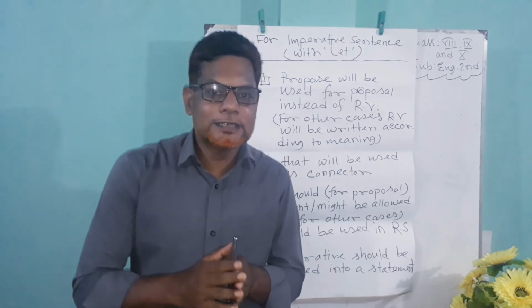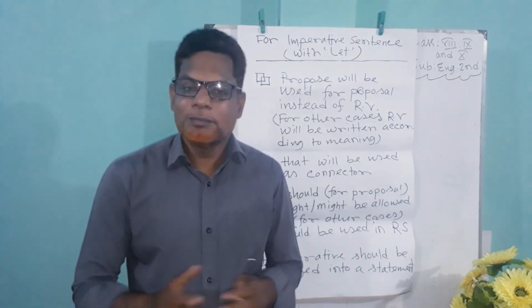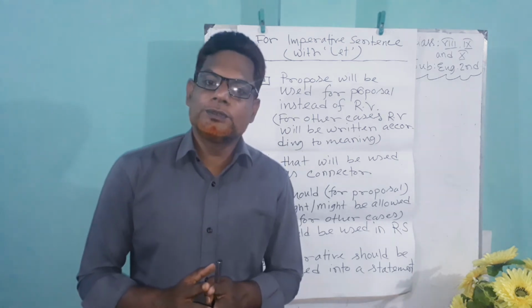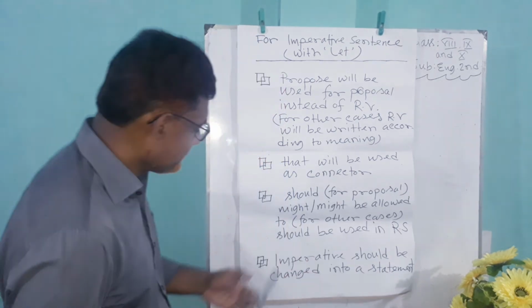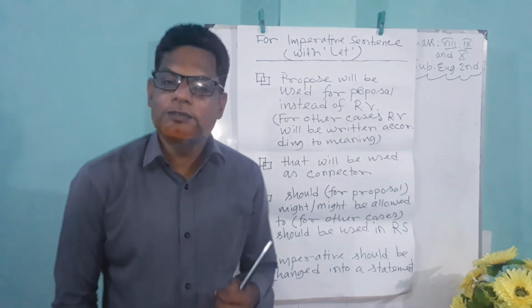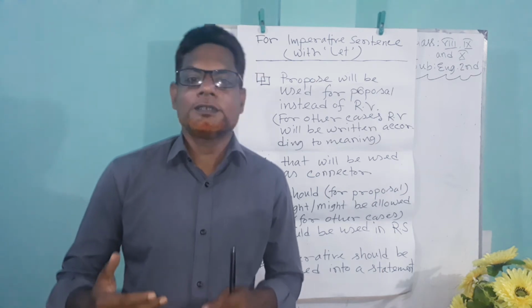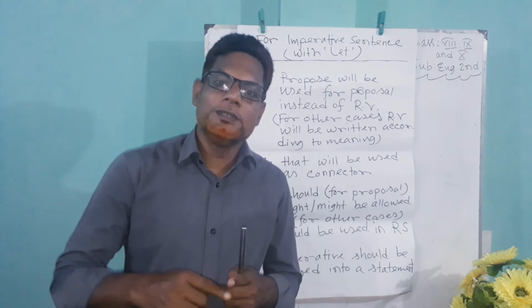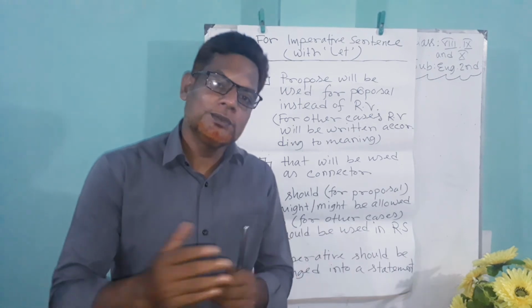Only if the sentence denotes a proposal. Then the imperative should be changed into a statement. The sentence of the reported speech may be any type, but when we change direct into indirect, it will be a single type, assertive. So we have to change the imperative sentence into assertive.